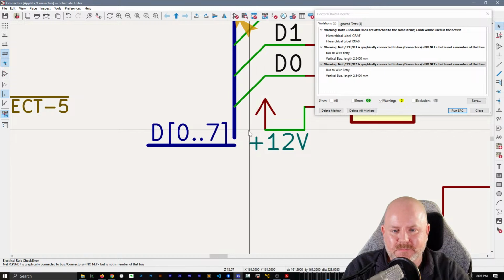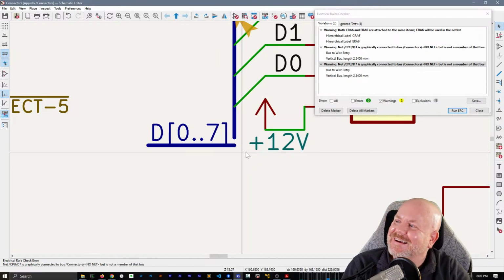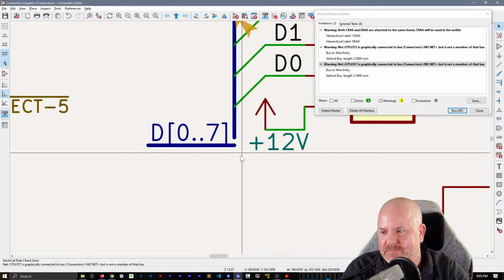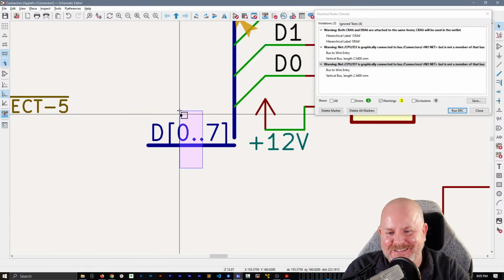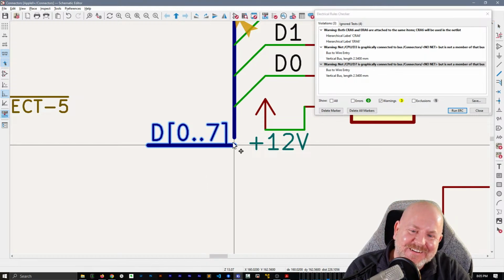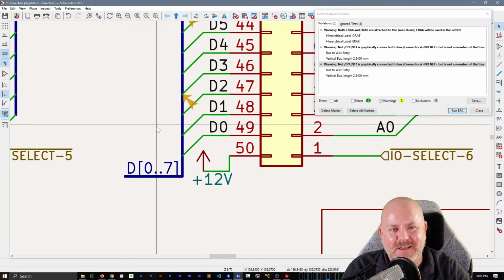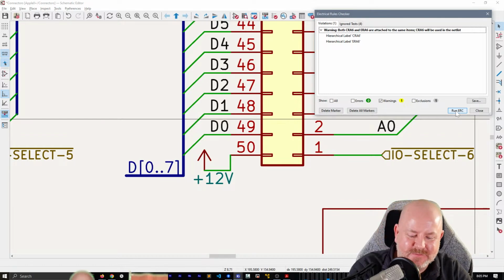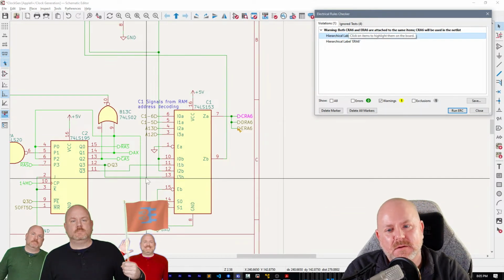Oh, wait. I see it. Now I'm covering it. D is connected to Jake, actually. There we go. Let's see if that makes those go away. Sweet. There was much rejoicing.